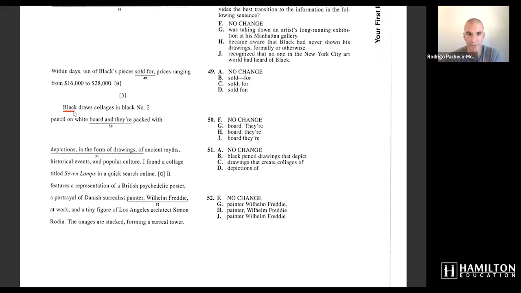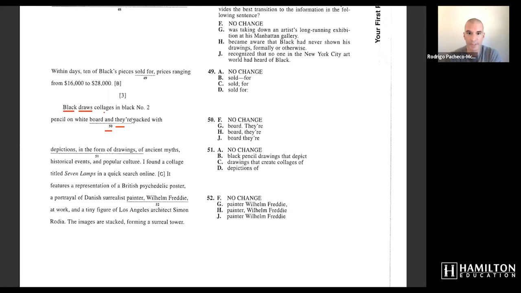Here's the subject of the first clause: Black draws collages in black #2 pencil on whiteboard. We could just end the sentence there. That's an independent clause. Then we have a conjunction, as we see here with F, no change, and the beginning of our second clause.